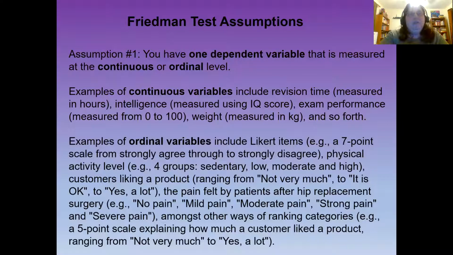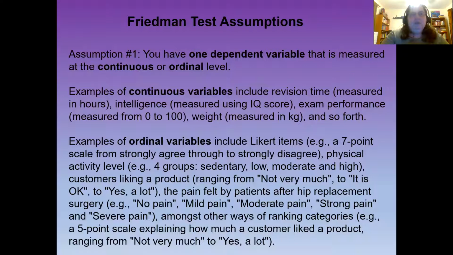If you remember, we talked about having a dependent variable that's measured at the continuous or ordinal level. We talked about an assumption before with the repeated measures ANOVA that it was measured at the interval or ratio level. Well, what if we have something measured at the ordinal level?